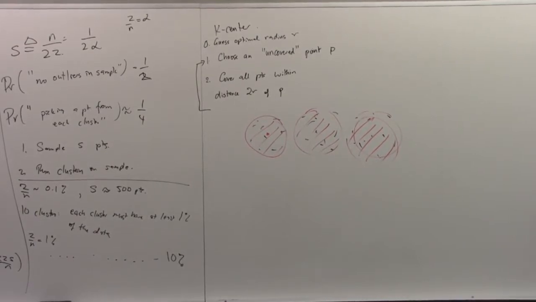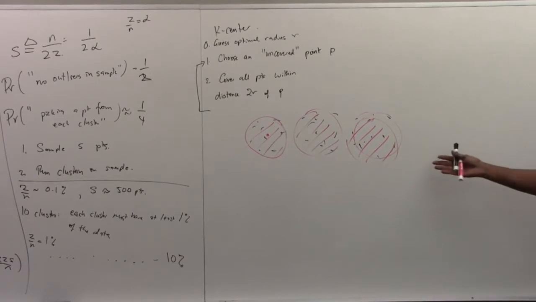What can you say about points that are left over after k steps? Why are they left over? They don't have any point in the vicinity of 2R from them. Yes. They are far away from all the interesting points.